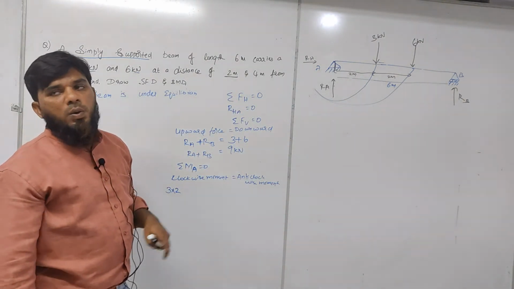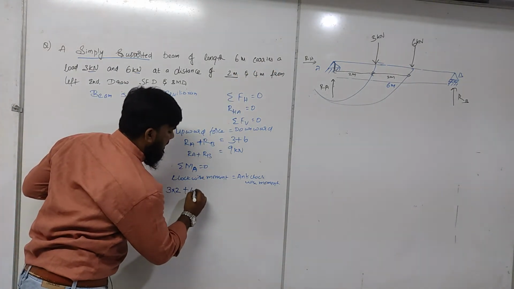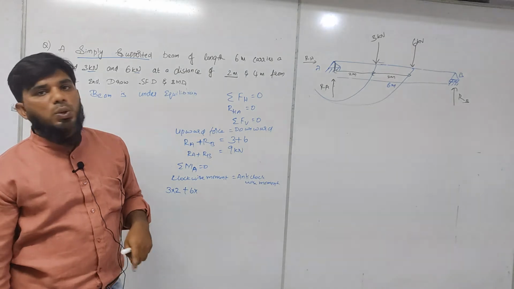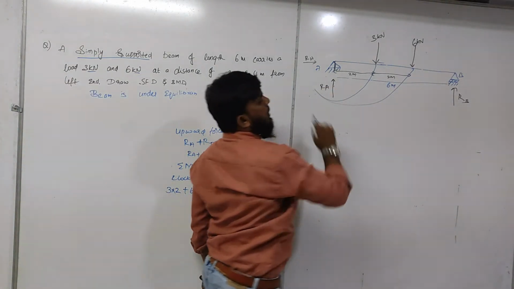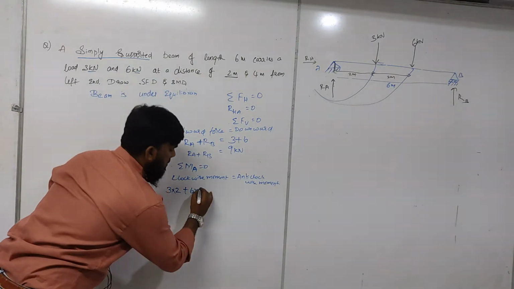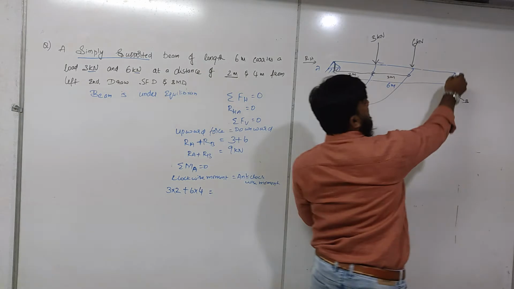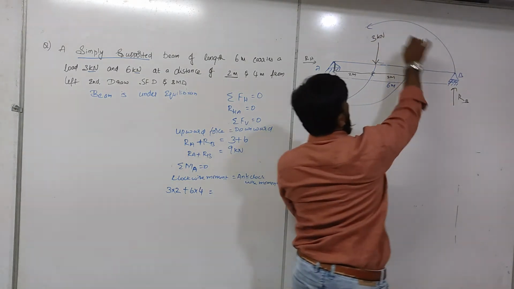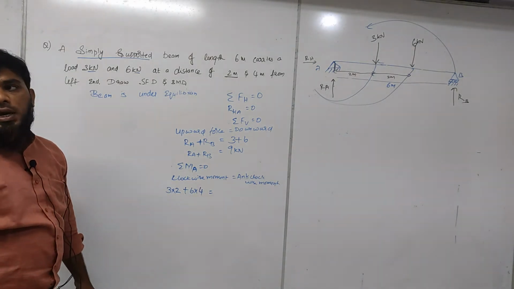Clear? Next, what is the other load we are having? 6. So plus 6 into what is the total distance from point 6 to point A? Total distance is 4. This is equal to the anti-clockwise moment, since RB is trying to rotate in the anti-clockwise direction.